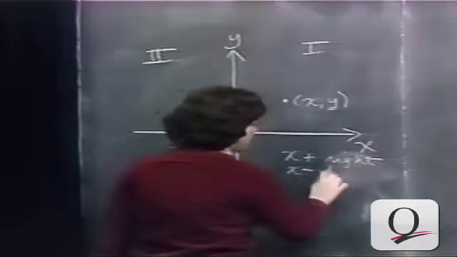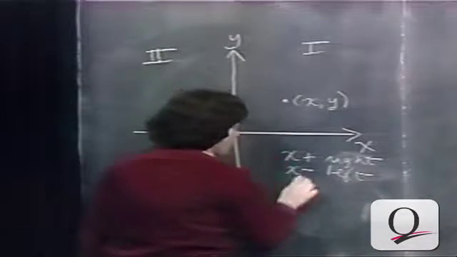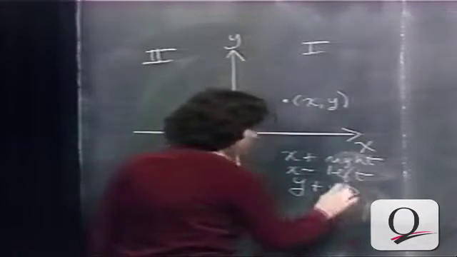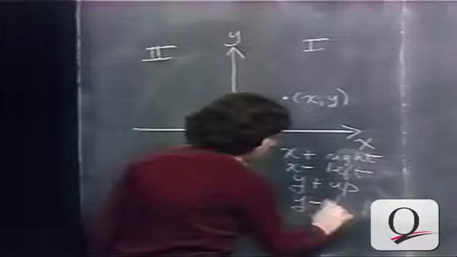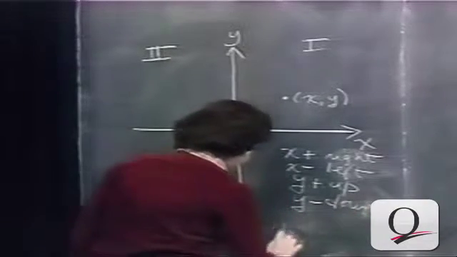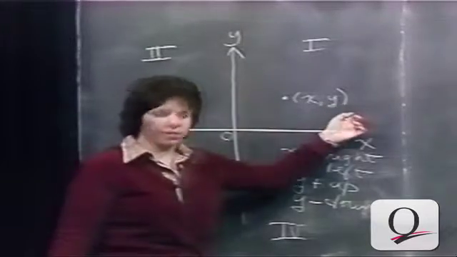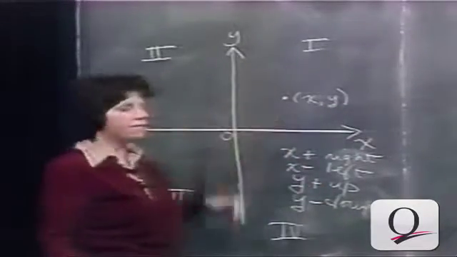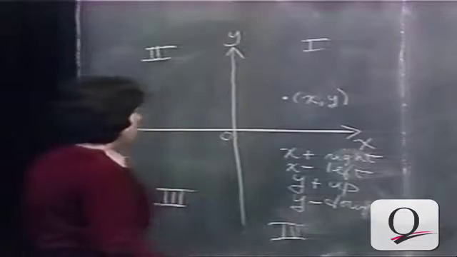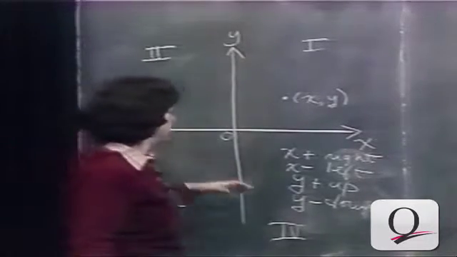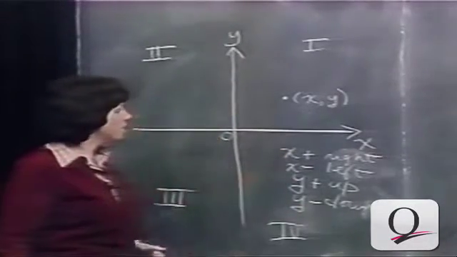If x is negative, he moves to the left. If y is positive, he then moves up. If y is negative, he moves down. Of course, he could follow the y directions first, and then after he's finished with that, follow the x directions.